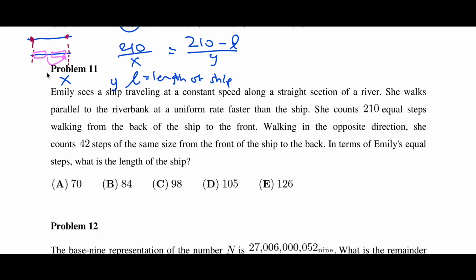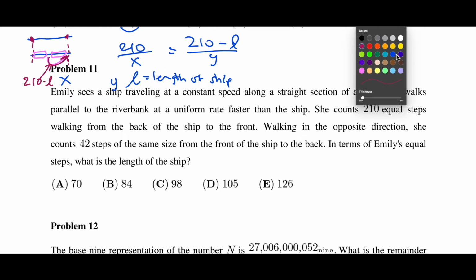So this is basically 210 minus L, this part. So the ship's distance is 210 minus L. Okay, so I put a divide by Y here.